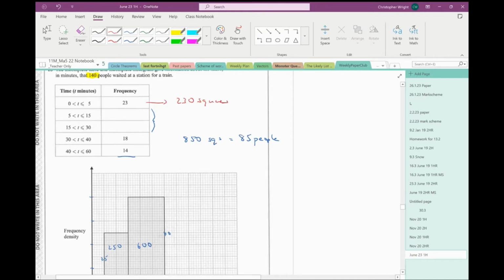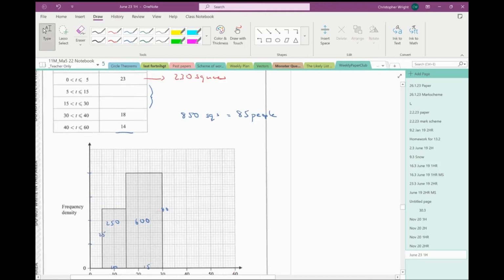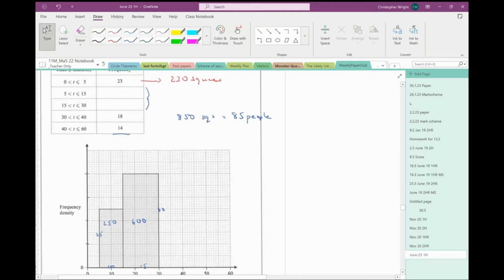Well, let's have a look. This part of the histogram here is 5 squares wide, isn't it? So 230 squares, it's going to need to go up to 46. 10, 20, 30, 40, 46.